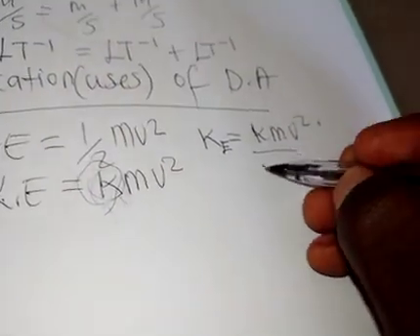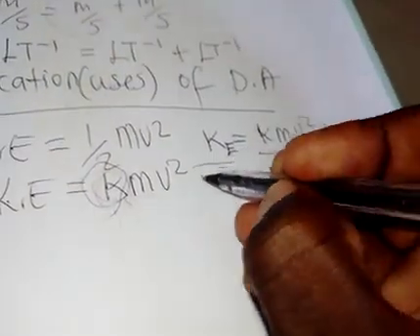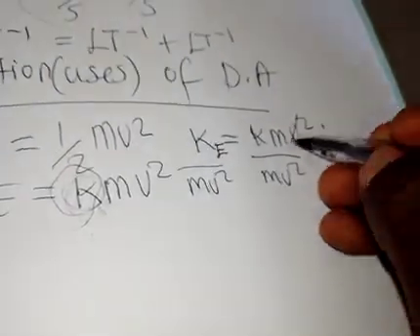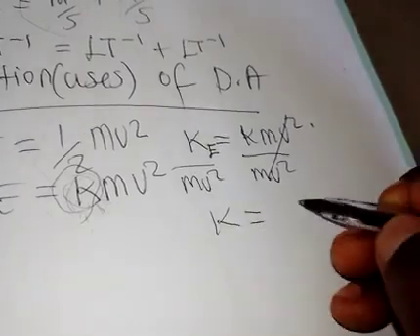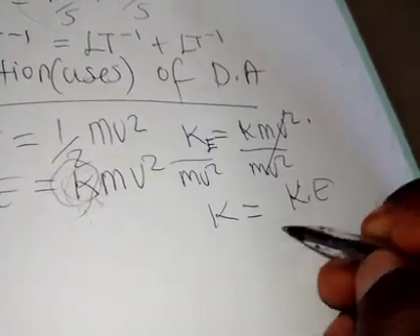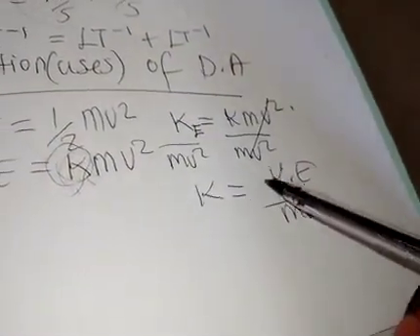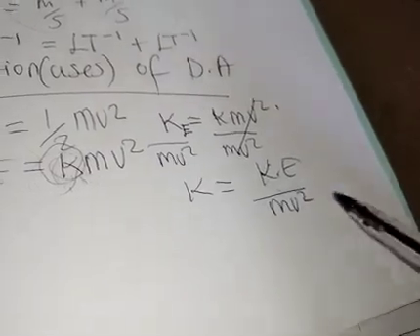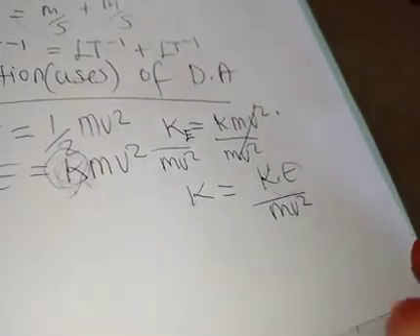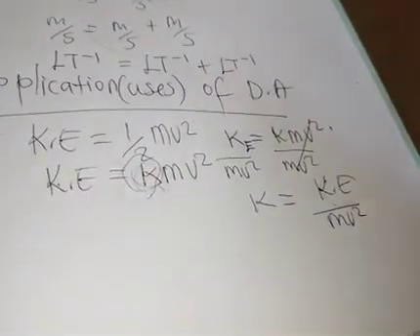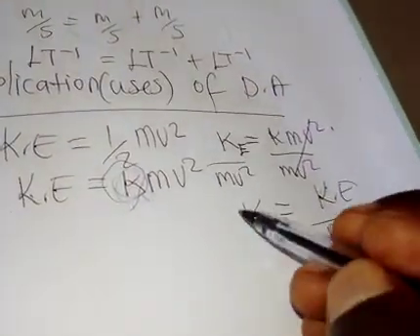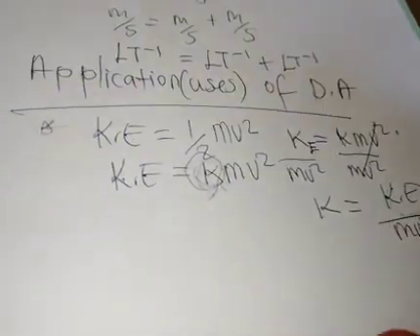Then we divide by mv squared on both sides, so that we remain with k equals kinetic energy over mv squared. After that, we can substitute with the units for kinetic energy, mass, velocity, and so on. Then we find the dimensions of k as well as its units.